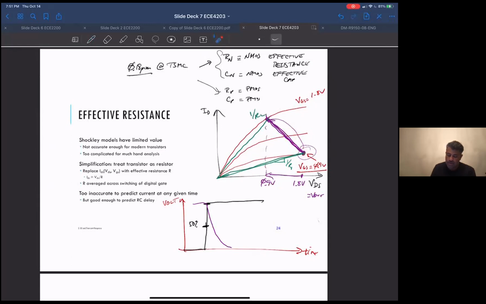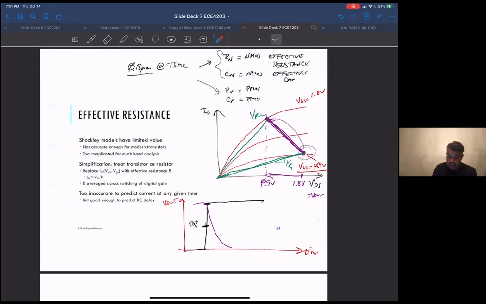And you're saying, okay, if I was going to estimate that with an effective resistance, I would figure out the resistance here and the effective resistance here. And by resistance, I mean a resistance that would give me this current at this voltage, and a resistance here that would give me this current at this voltage. Then I'm going to average them and think that, while I'm transitioning, I can use that average resistance.